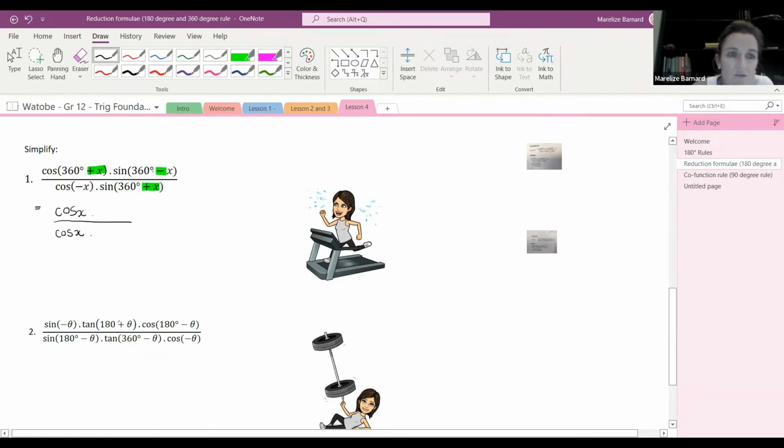That's actually the first quadrant. Sine 360 minus, that is the fourth quadrant, and you're right, that's negative sine x, because sine in the fourth quadrant is negative. And then sine of 360 plus is also in the first quadrant. So cos will cancel with itself, and negative sine will cancel with sine, and you'll get -1.